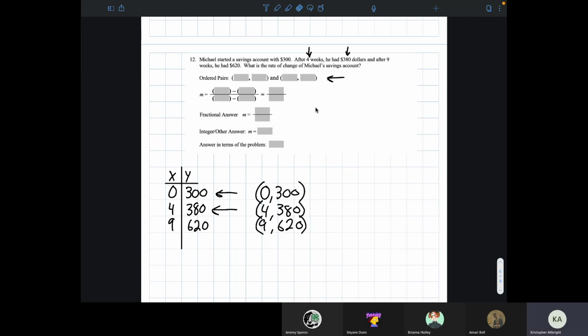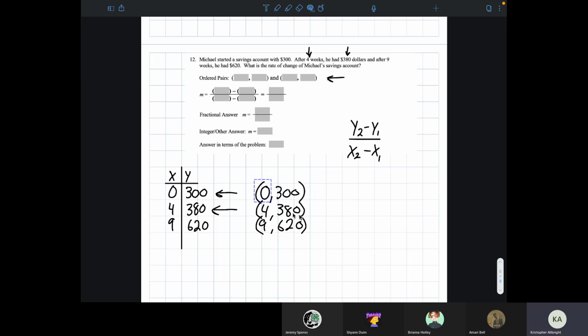So now we need to find our slope. So this is y2 minus y1 over x2 minus x1. Just to remember, y2 minus y1 over x2 minus x1.